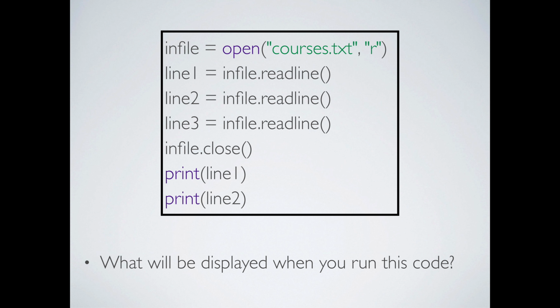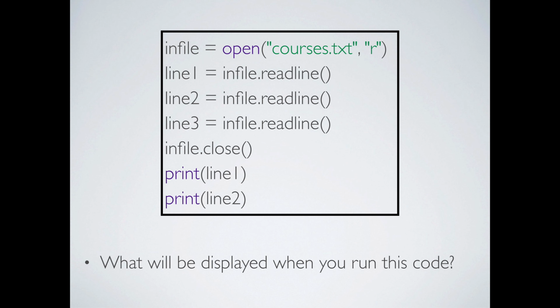When you open up a file for reading, there's a tiny person standing at the very beginning of the file. If you say read line, that tiny person runs to the end of the first line. Then if you say read again, it will start reading off from wherever that tiny person already is. So in this case, we're reading 3 lines, and then we close it, and then we print line 1, and we print line 2.